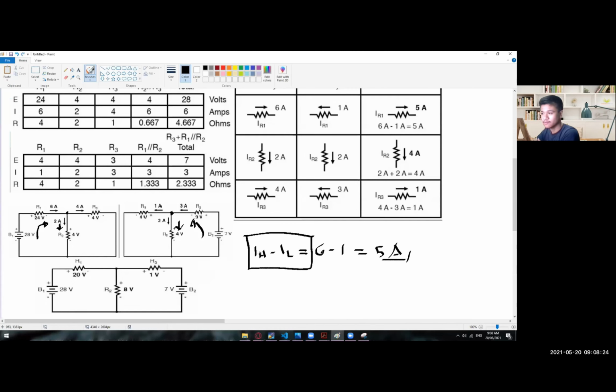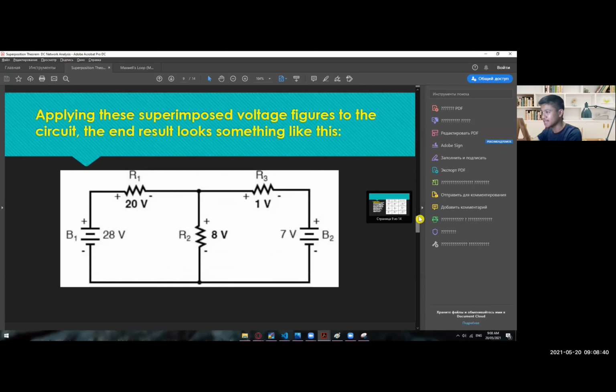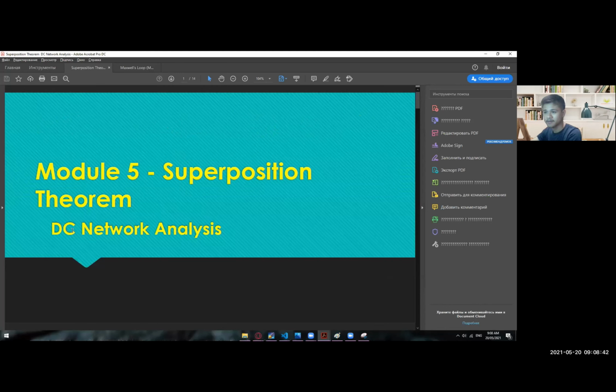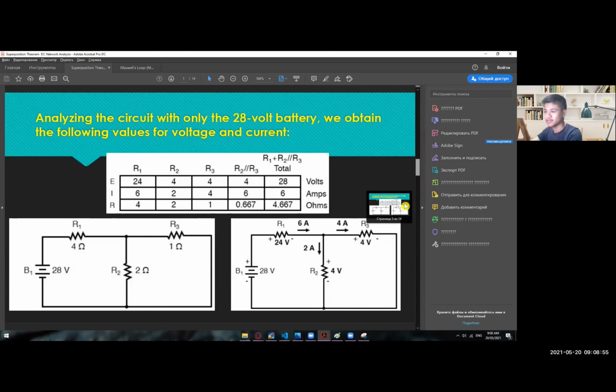Of course the value of this IH is positive, and the value of this IL is also positive. So you don't need to worry about the signs of these values. Everything is positive. That is why it is highlighted here that we are only talking about DC network analysis. In DC we don't have negative currents. That will only happen in Kirchhoff's law, since we have a different assumption when it comes to polarity.